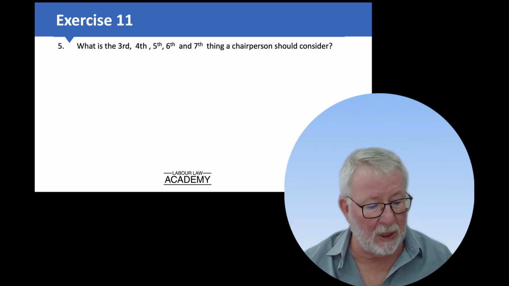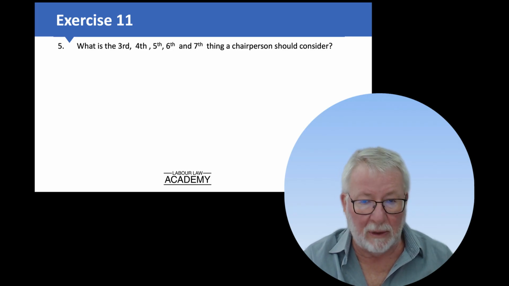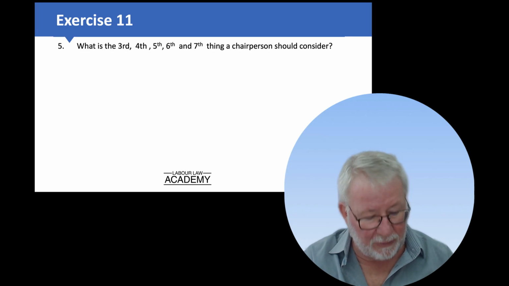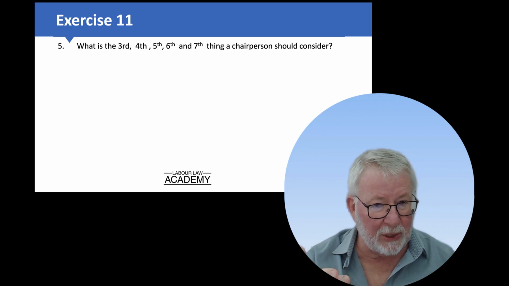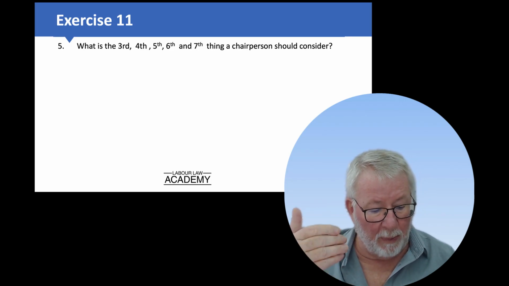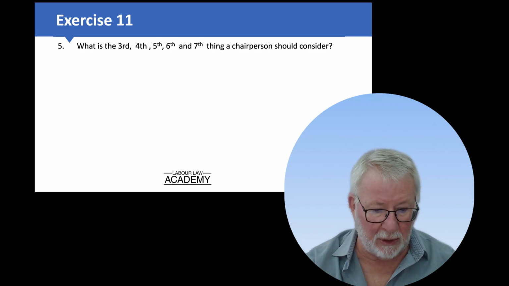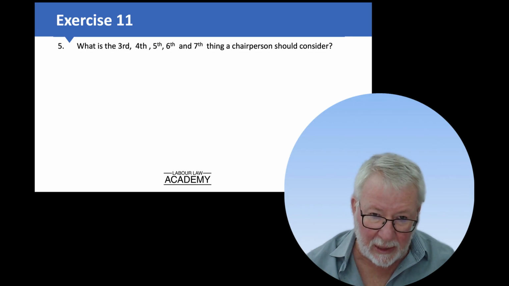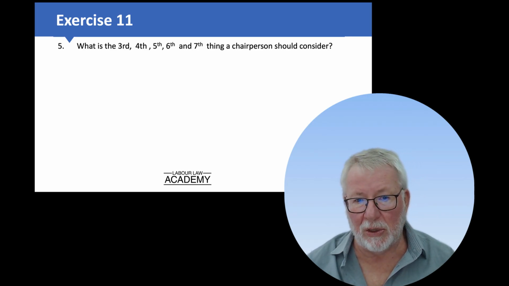Then you must consider, if a rule or standard was contravened, whether or not, one, the rule was valid or a reasonable standard, a valid or reasonable rule or standard. Then you consider, and you see the logic here, whether the employee was aware, and thirdly, whether the rule or standard was consistent, and then lastly, whether dismissal is an appropriate sanction.